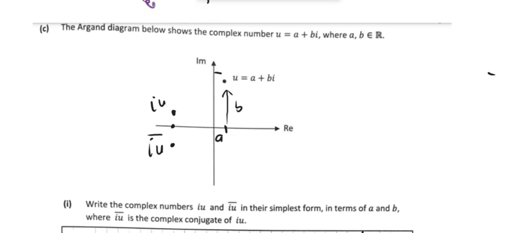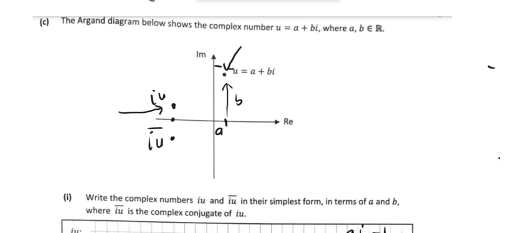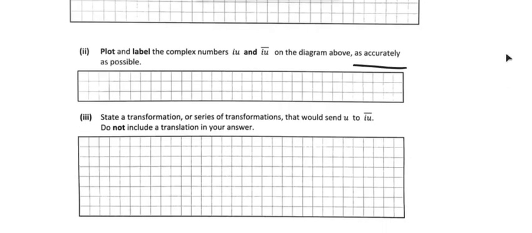If you're starting here and moving all the way over to here, what have you done? Well, it's been a rotation 90 degrees anti-clockwise. So you've gone this way to get to there. So that's the first part: rotation 90 degrees anti-clockwise.